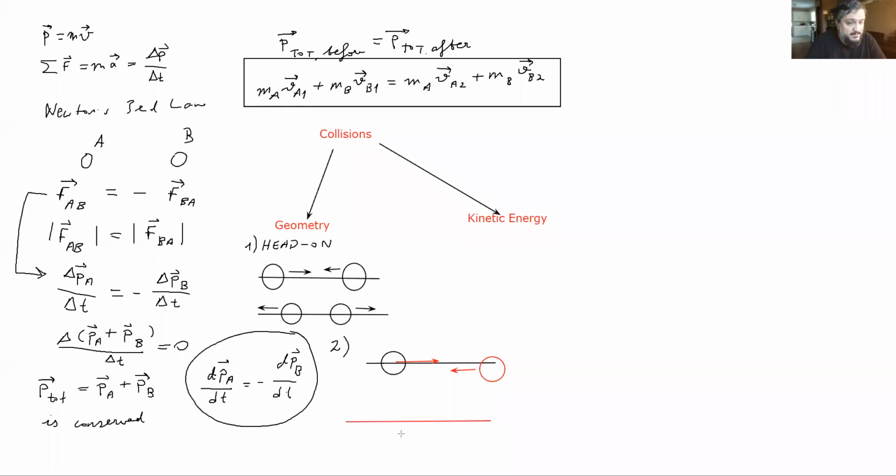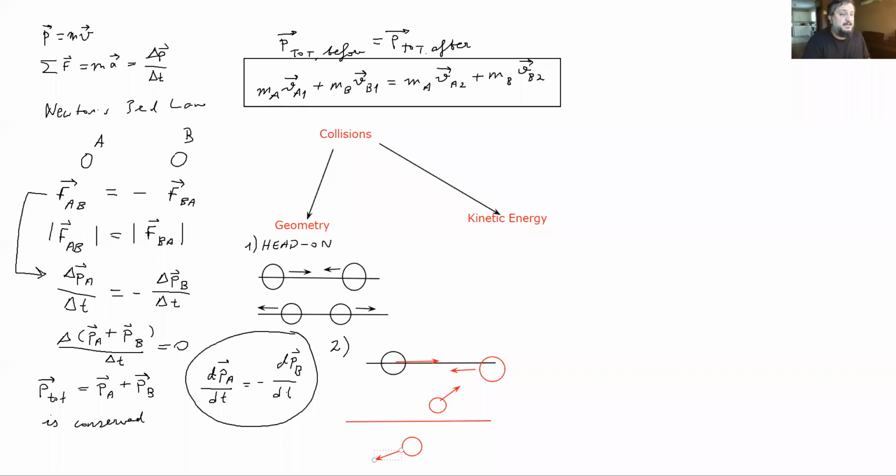So the first ball will most likely move in this direction here, and the second one will end up moving maybe in this direction. Okay, and these all depend on the masses and the initial velocities and all that, but now it's a two-dimensional problem.